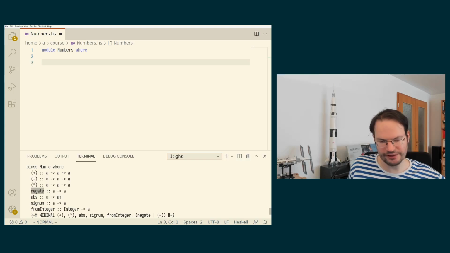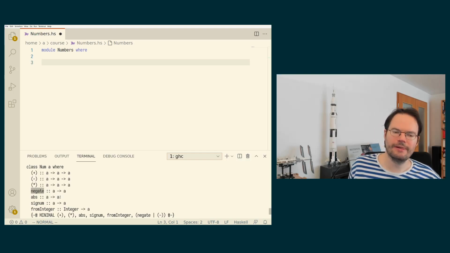So negate computes 0 minus the number that we are providing. Then we have a function that computes the absolute value, and then we have a function signum that computes +1, 0, or -1, depending on whether a number is positive, 0, or negative.